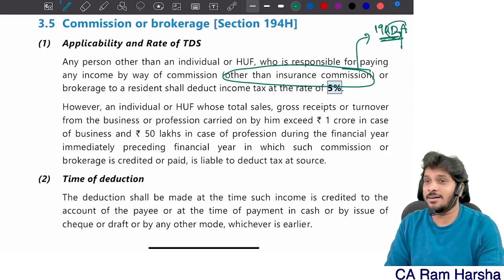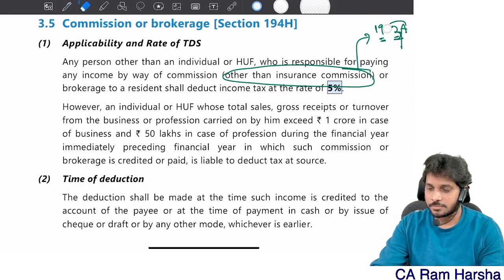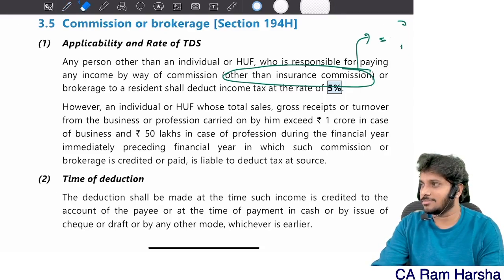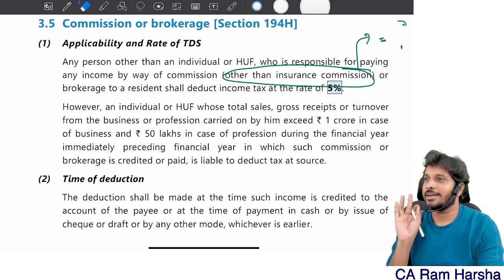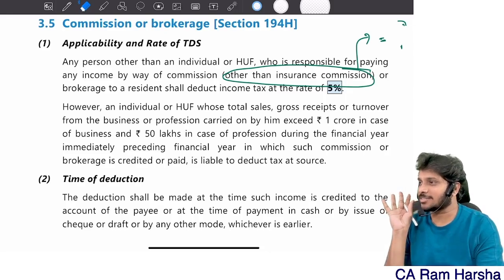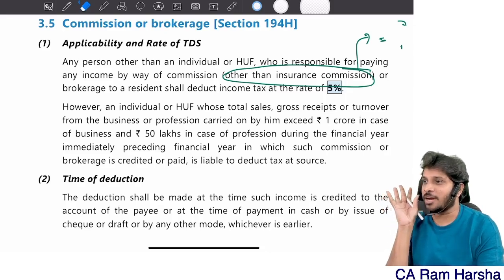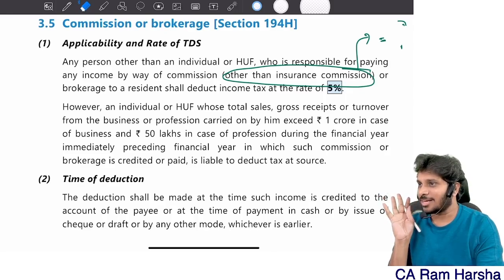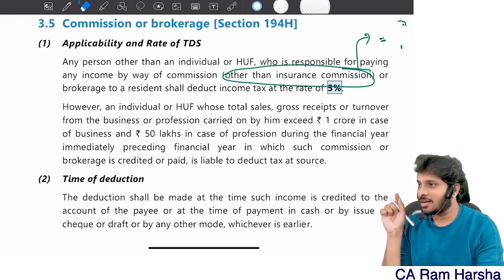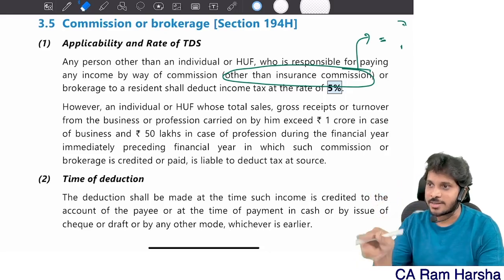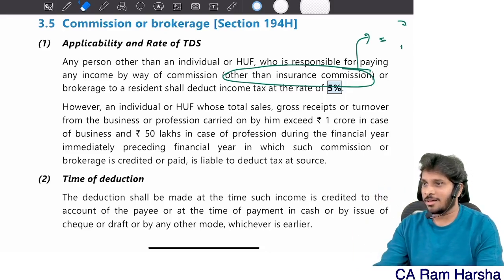DA is regarding 194B, lotteries. 194BB, horse races and all. Yes or no? 194BA, online games. 194G, commission on lottery tickets.